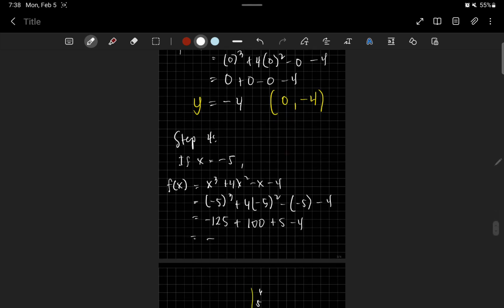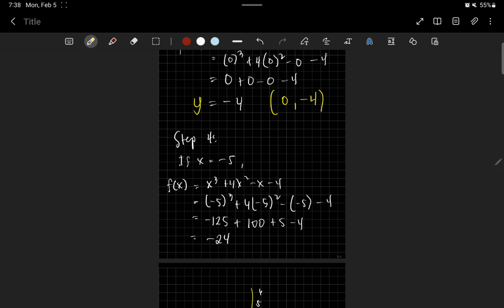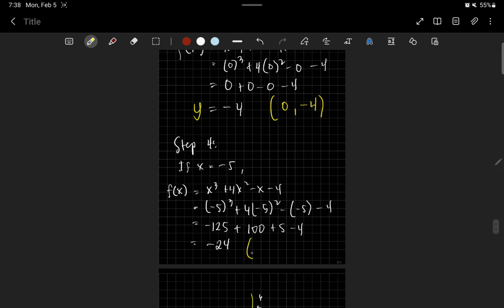Minus 4 is -24. Tama ba? I think so. Therefore, the ordered pair here, x is -5 and y is -24.